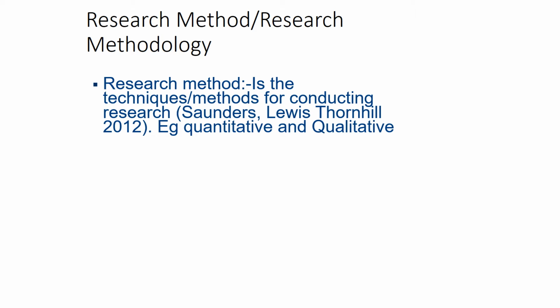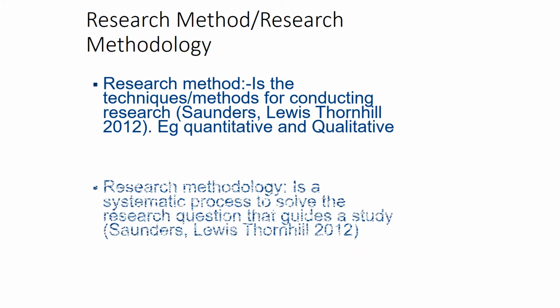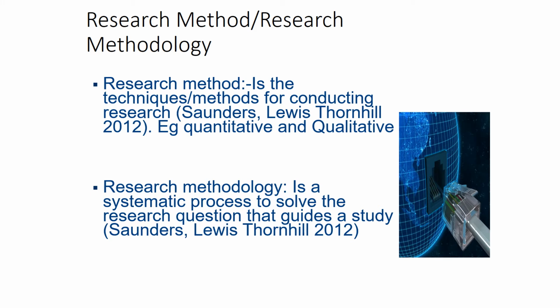Are you going to be doing a questionnaire? A structured questionnaire, open-ended questionnaire? All these types of methods we've looked at in the previous slides before. When we look at the research methodology, it is the systematic process to solve the research question that guides the study, according to Saunders, Lewis and Thornhill, 2012.